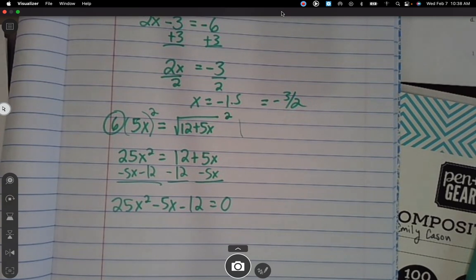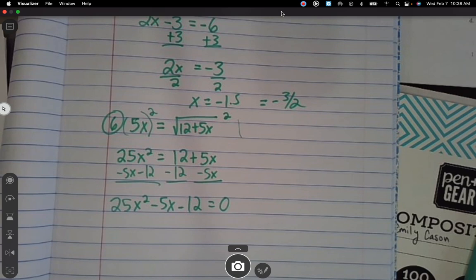5x and the square root of 12. For some reason, this only gives me the 4/5.